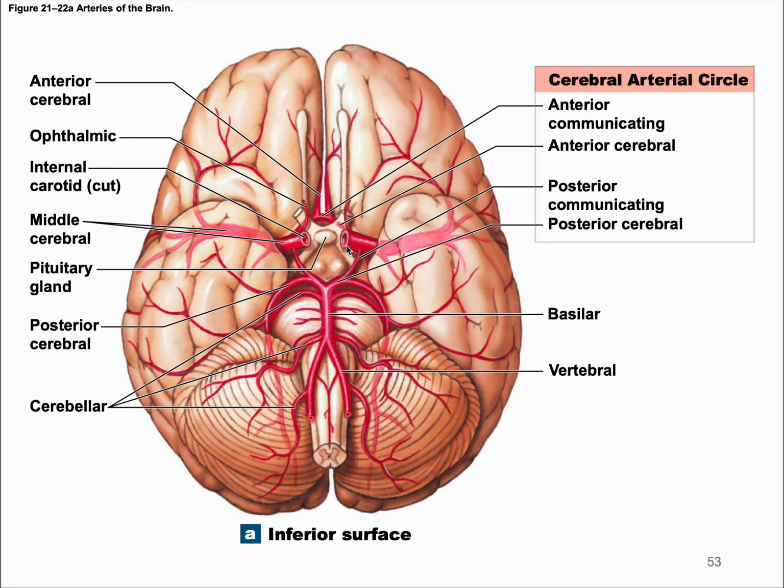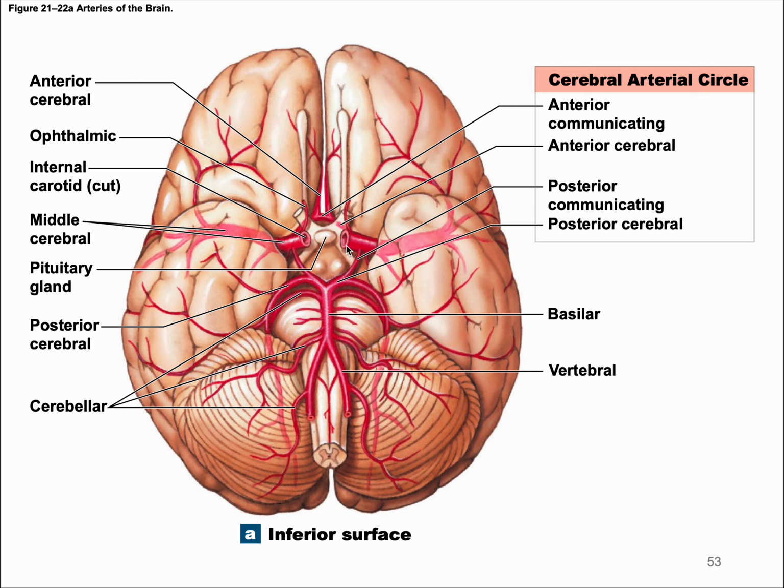So we'll have two vertebral arteries coming up and they will merge. And once merged, it becomes the basilar artery. So the vertebral arteries and basilar artery will supply the blood to your brain stem.